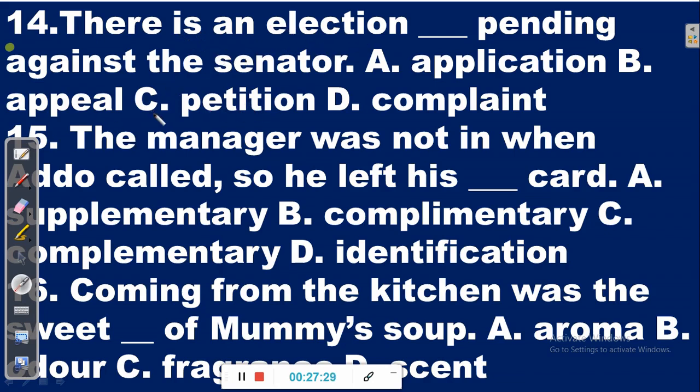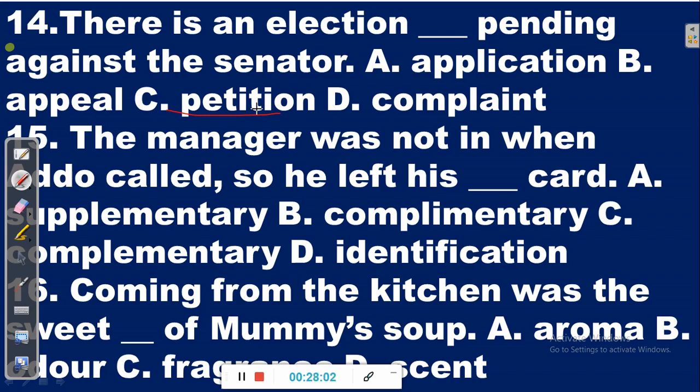So let's look at option C, which is petition. And actually, this is the appropriate meaning, because you often hear about an election petition. It's a word that collocates within this context, because a petition is an official document asking a court to nullify the results of an election.